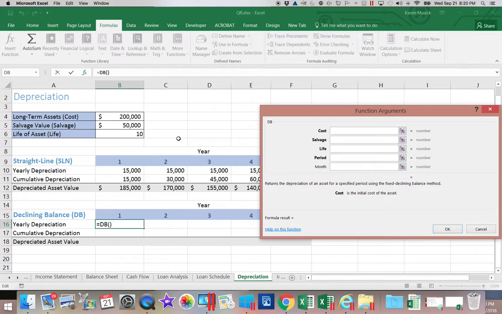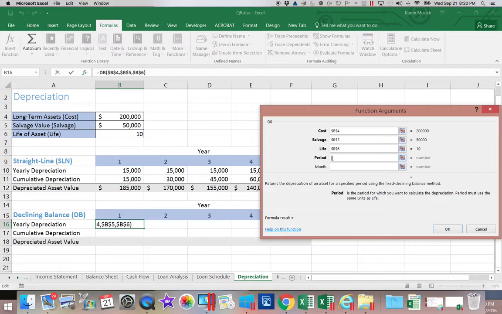So again, we've got the first 3 fields look the same. We have the cost, which must be absolute. We have the salvage value, which again must be absolute. And we have the life, which also must be absolute. Now this next field says period, and it's what year are we looking at.